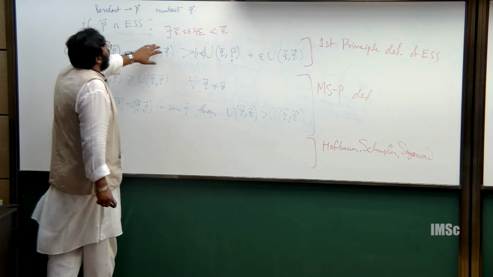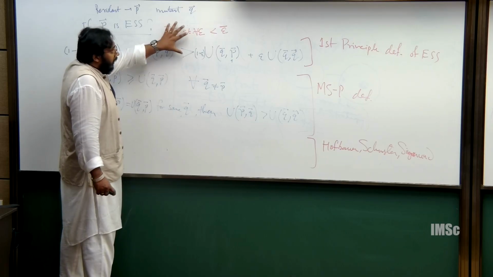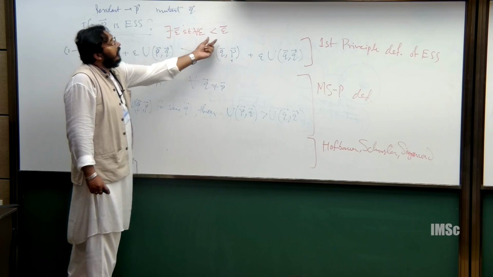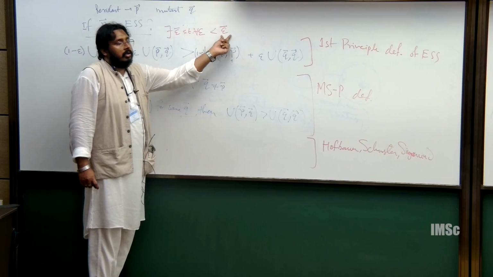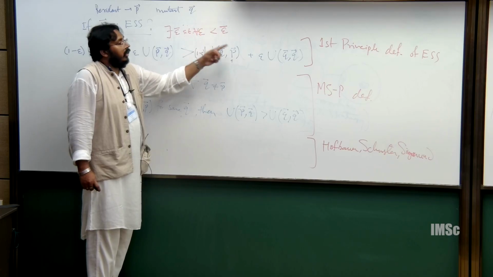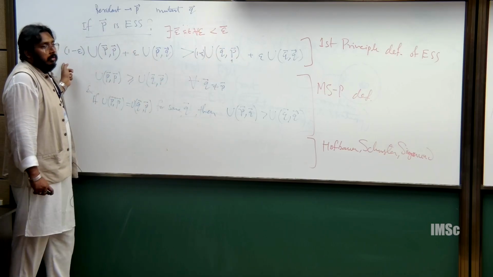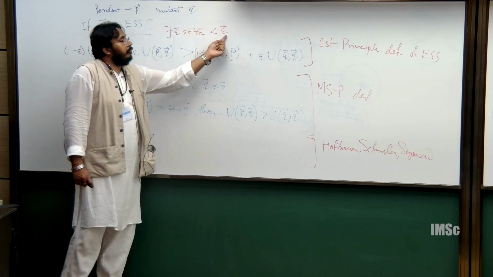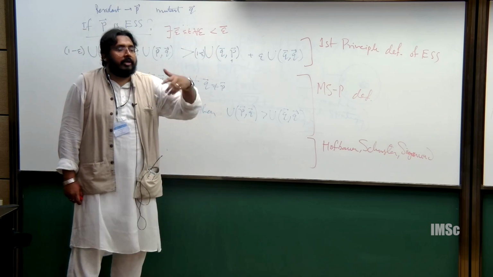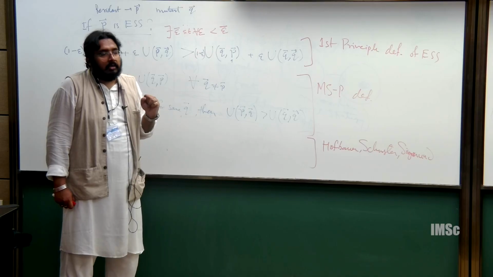No, I'm saying it in its entirety: if I can find a bound epsilon bar such that below it, whichever epsilon you take, this condition holds true. But I'm not saying what this bound is. It could be 10 to the power minus 9, or 10 to the power 9, I don't care.